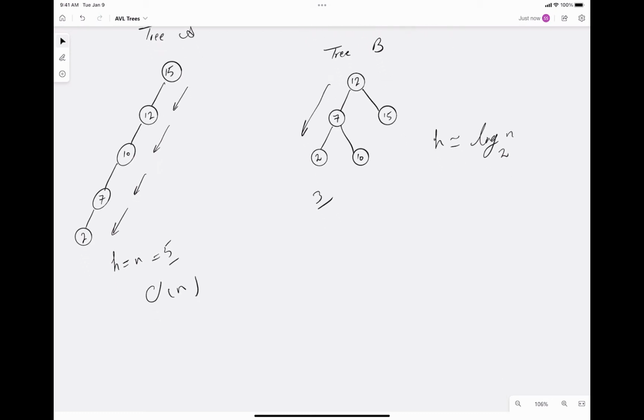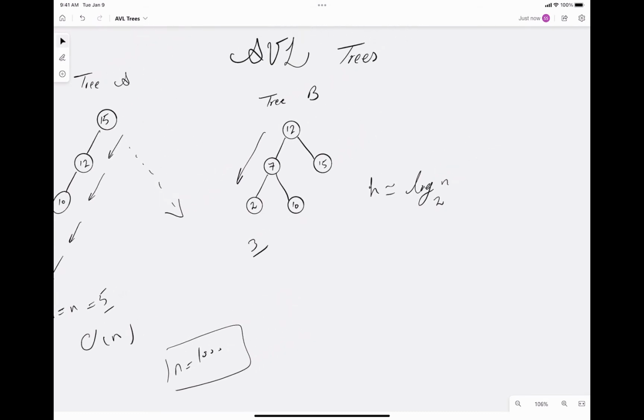For example, when n is equal to 1000, with trees like this that grow only on one side, either the left or the right, we need to do about 1000 searches. However, if the tree is balanced, which means that each node except the leaves has two children, or about 2 children, then the search operation reduces to log of n in base 2.